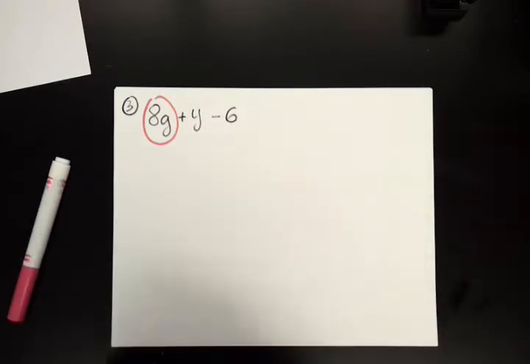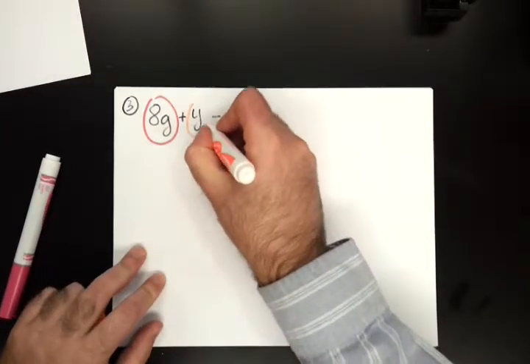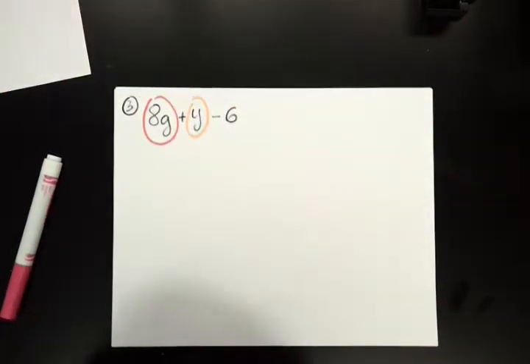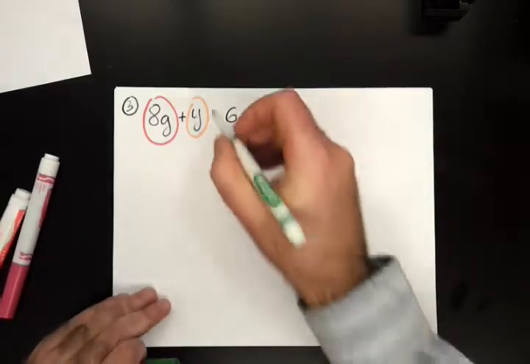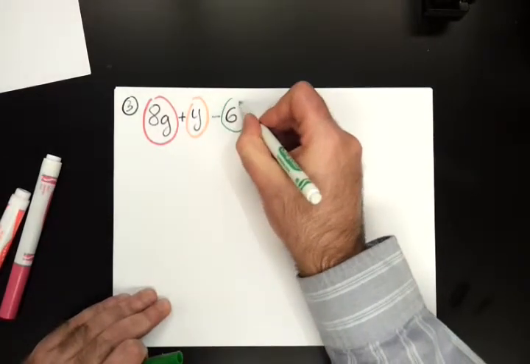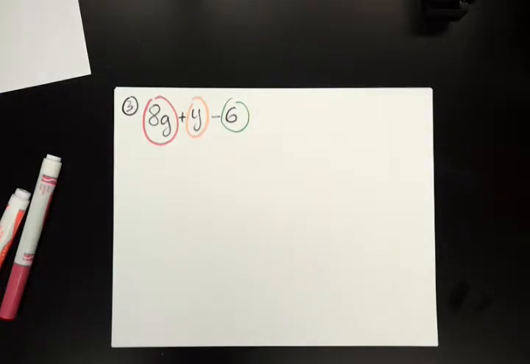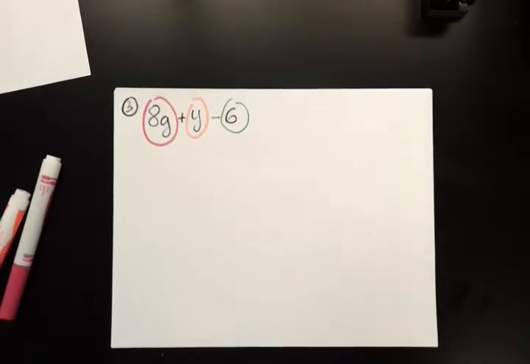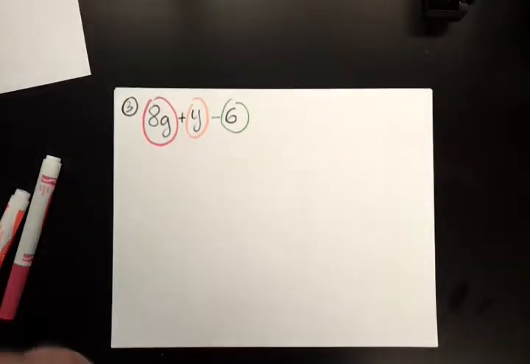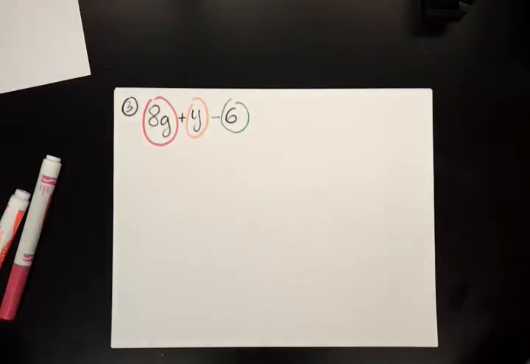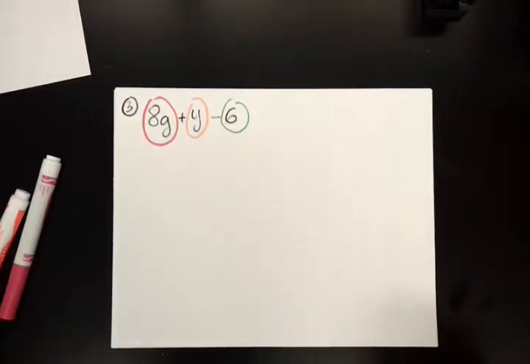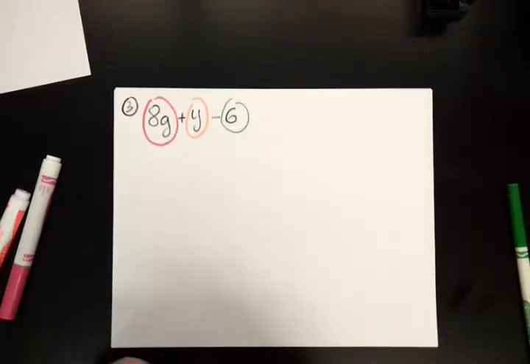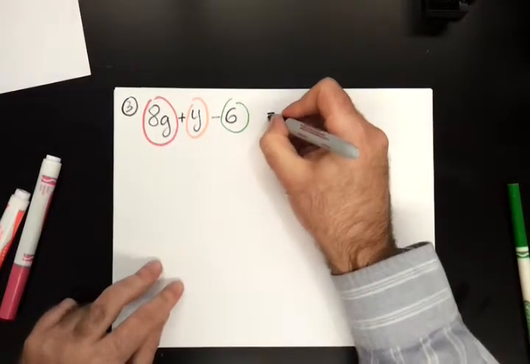Here we have a y term. Okay. Here we have a constant. Okay. And none of them are alike. So I have 3 different term types, nothing alike. So I can't combine any of them. That's the answer. I know it looks a little weird, but yeah, there's nothing to do here.